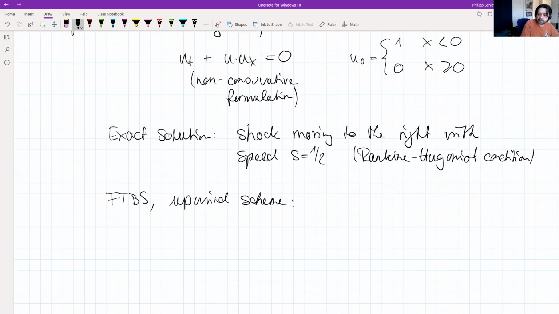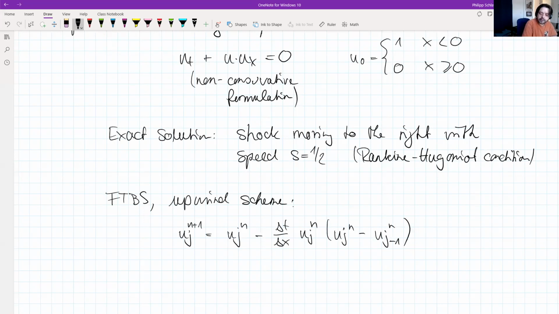How does this look? Ujn plus 1 is Ujn minus delta t divided by delta x, and now comes the speed. In this case, the speed would just be Ujn, times Ujn minus Uj minus 1 n.